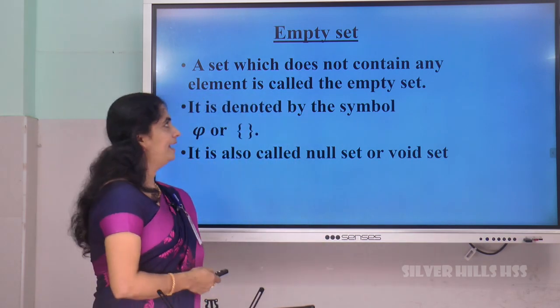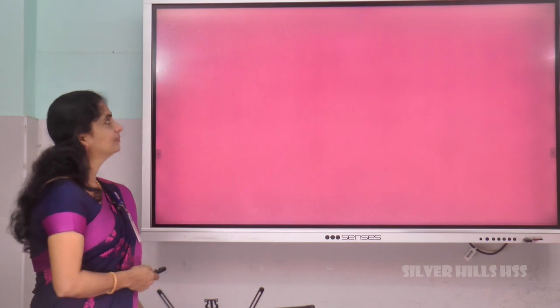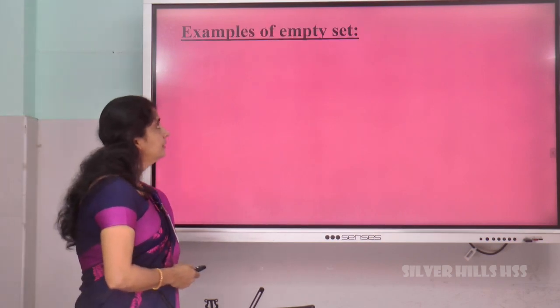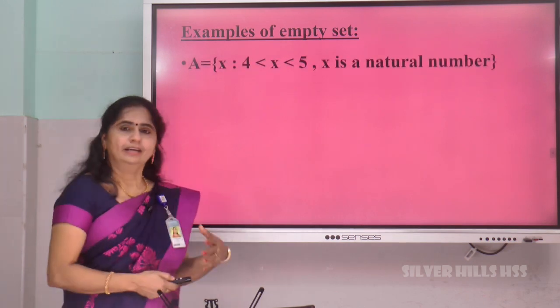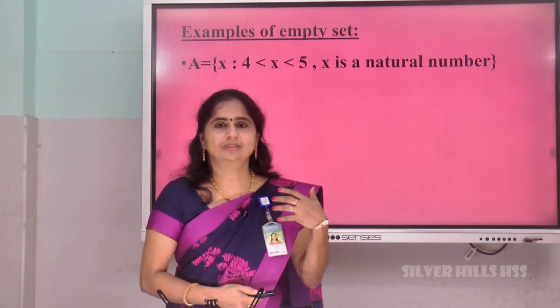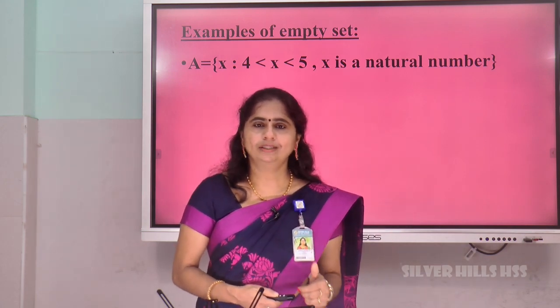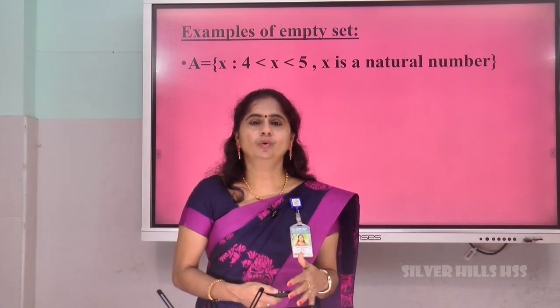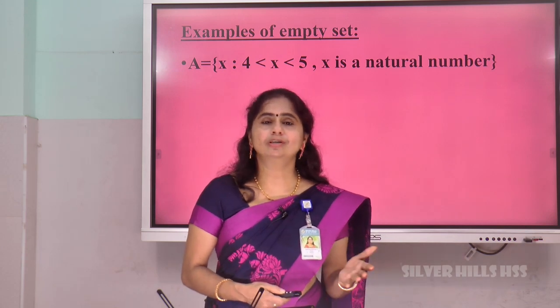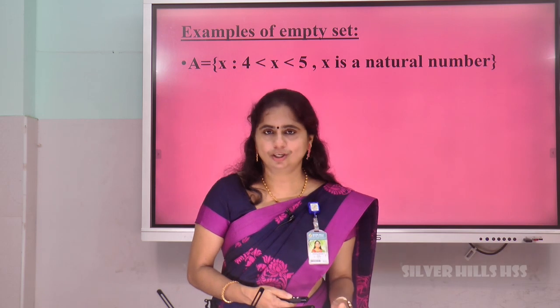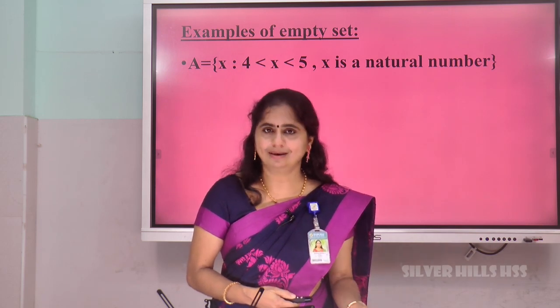Let's see some examples of empty set. If somebody is asking you to say a natural number between 1 and 2 or 2 and 3 or 3 and 4, we can never say it because between two natural numbers we don't have another natural number. They're all real numbers.